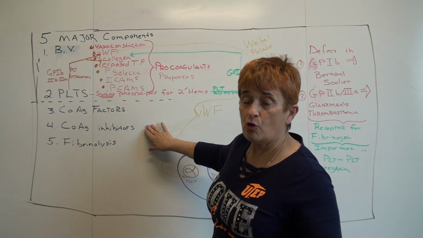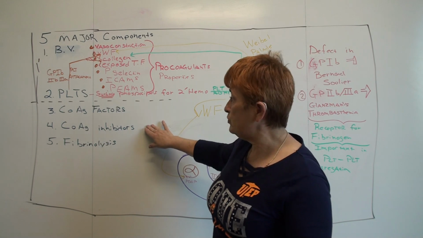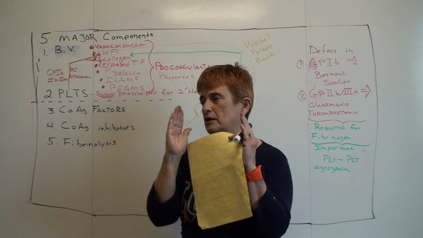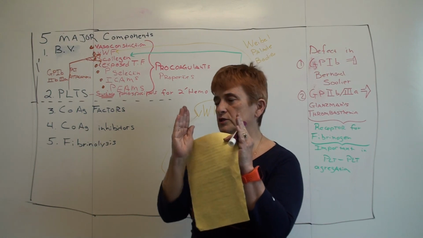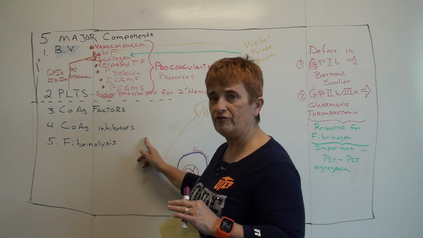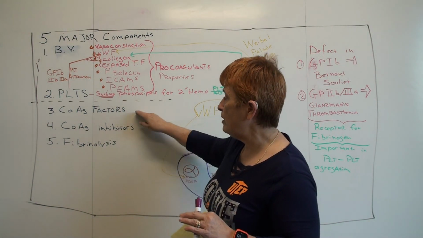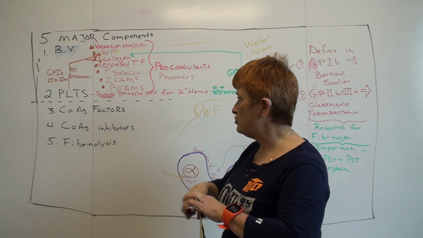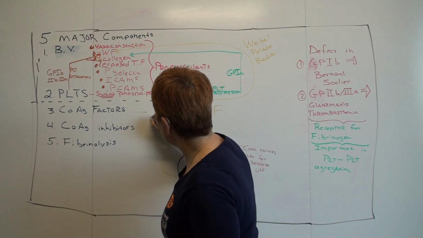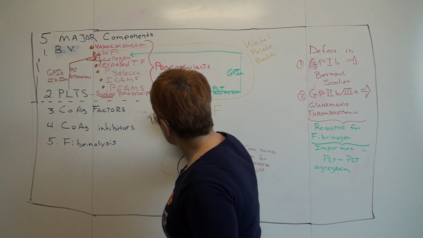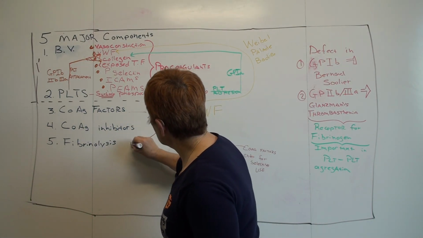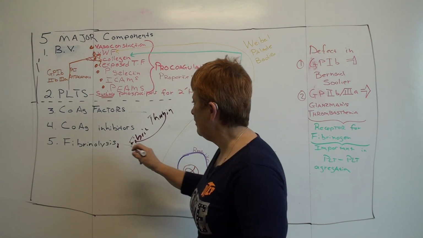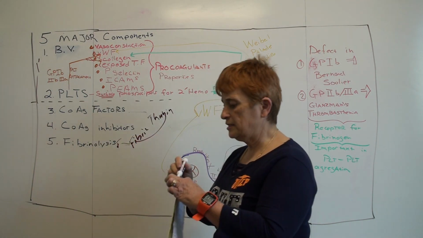We also have coagulation inhibitors, because remember, we want to keep the clot localized, or in a specific area. So we also have inhibitors. And remember, what we're supposed to do with the coag factors is get to thrombin, and then thrombin goes to fibrin, and then we have fibrin with fibrinolysis.